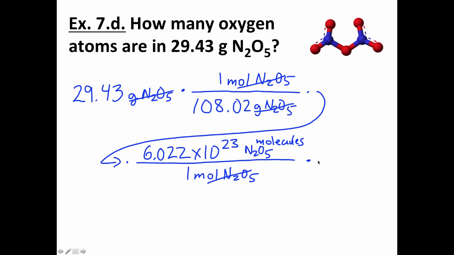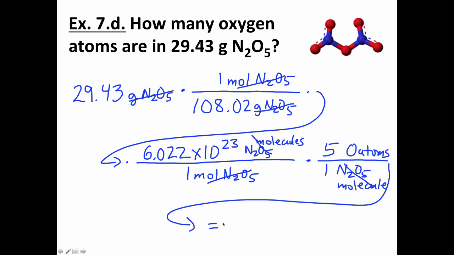And then last but certainly not least, we know that each one molecule of N₂O5 contains 5 oxygen atoms, and that converts N₂O5 molecules into oxygen atoms, and this gives us, when we do all of the math, 8.203 times 10 to the 23rd atoms of oxygen.